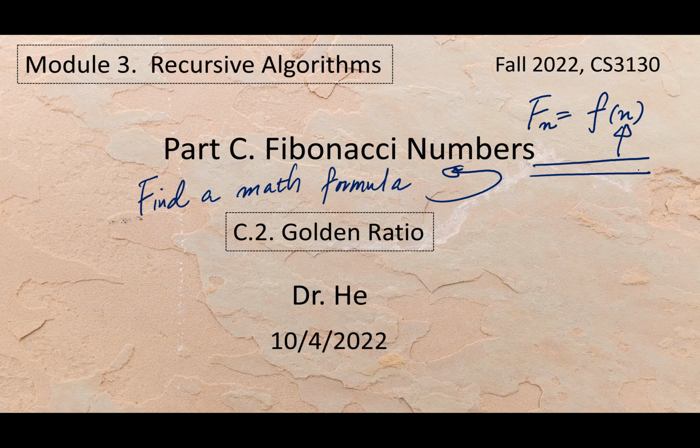Fibonacci numbers, the recurrence relation, so simple, so beautiful. Then mathematicians developed a systematic way to find a solution, not by guess and verify.